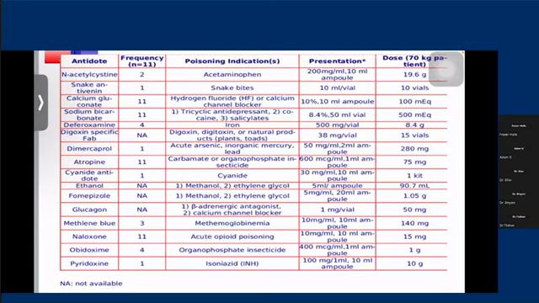And maybe the other is snake bites. Snake antivenom is also an antidote, and acetylcysteine is for acetaminophen. At least we have to know a few of the antidotes.